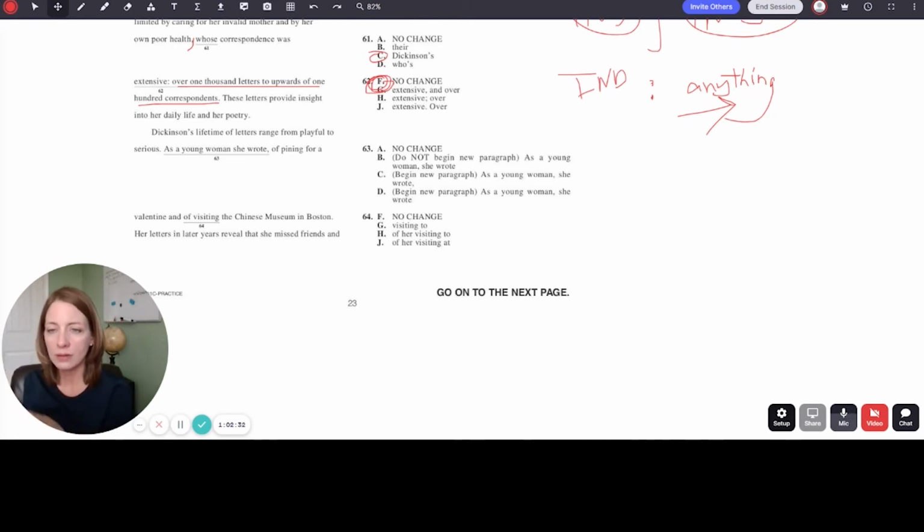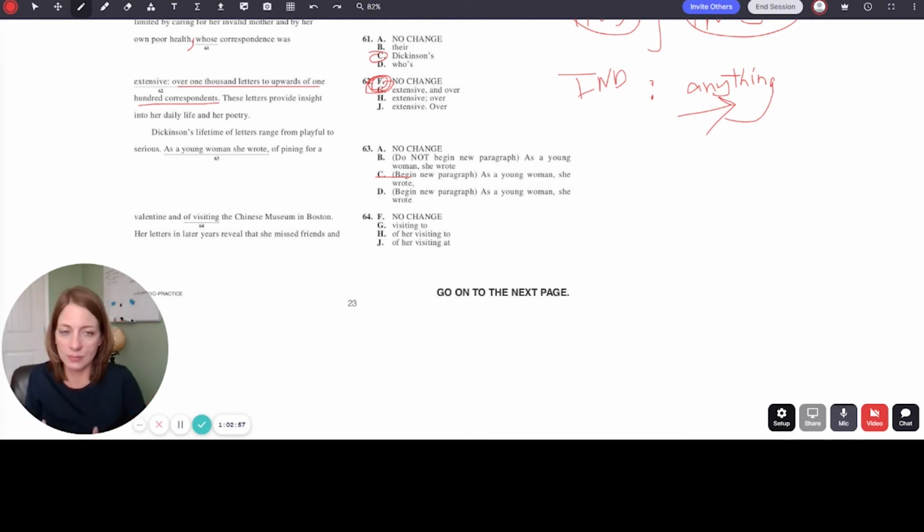As a young woman, comma, she wrote of pining for a Valentine. All right, I wanted that to say that. Let's see what our options are though. As a young woman, okay, so she wrote. So this, I'm not liking C because I don't like that comma after wrote. She wrote of pining for a Valentine. You want all that to go together.